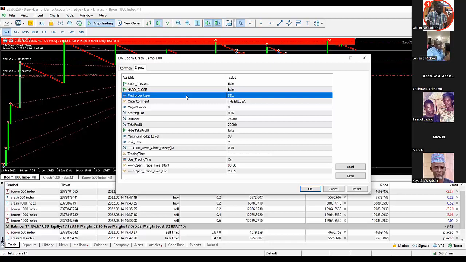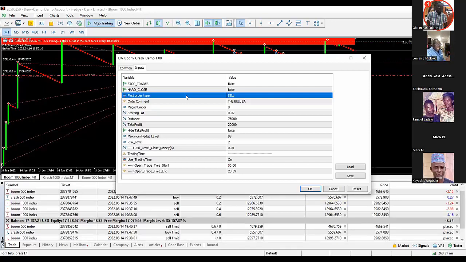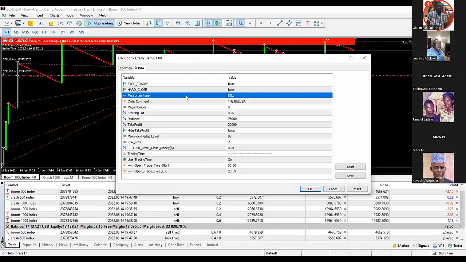But each time there's a boom spike that distorts the trend, the robot will hedge your trade, increasing the lot size to supplement the first trade that is at a loss, which the Boom captured in the market. And the software will keep on trading like that. So that is the first order.